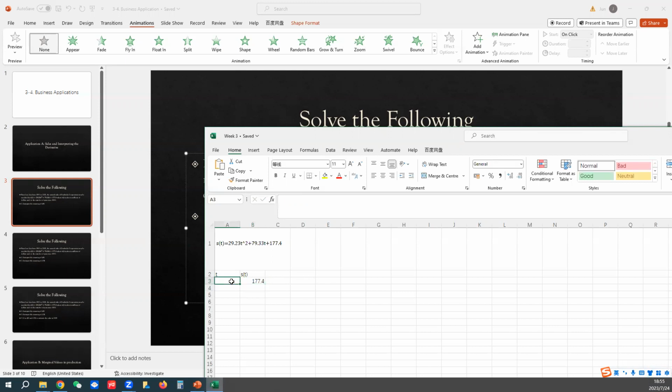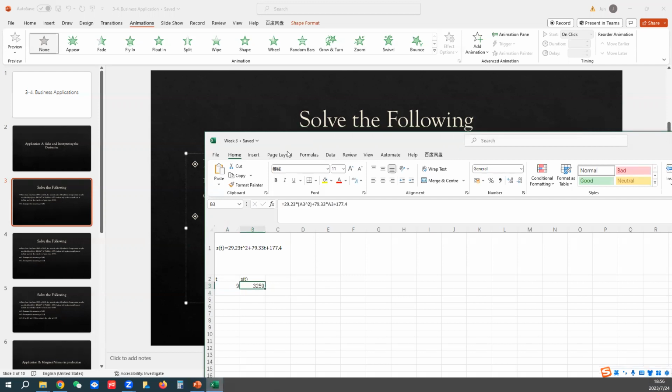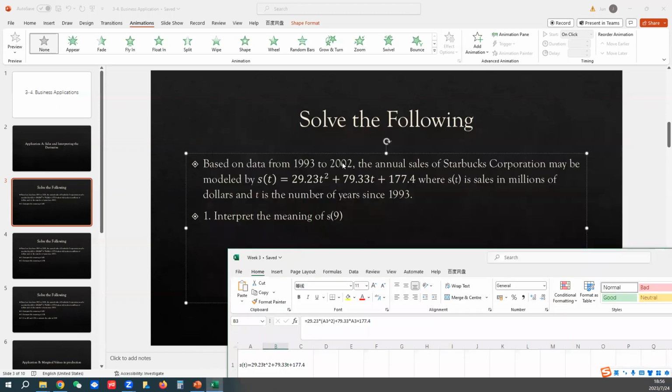So when T equals 9, here is the value: 3259. That's the sales of the year 2002.